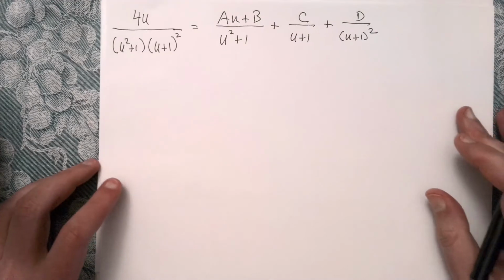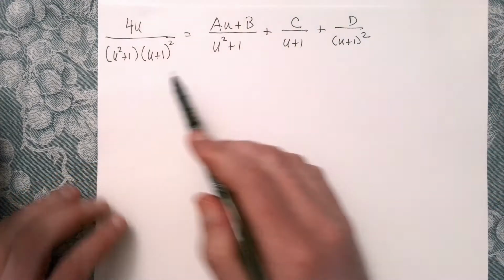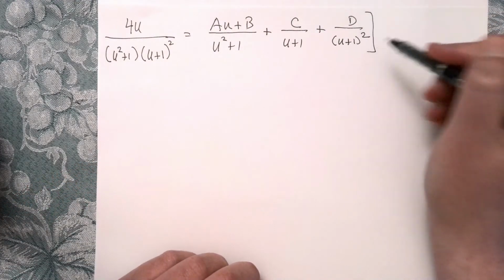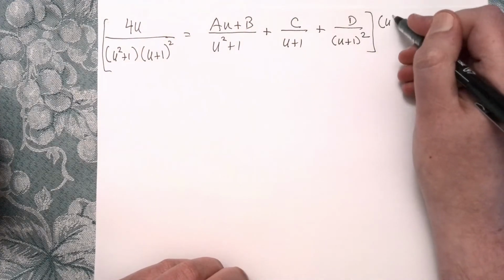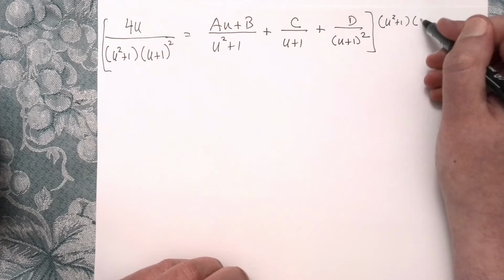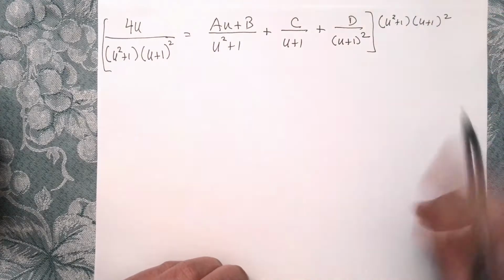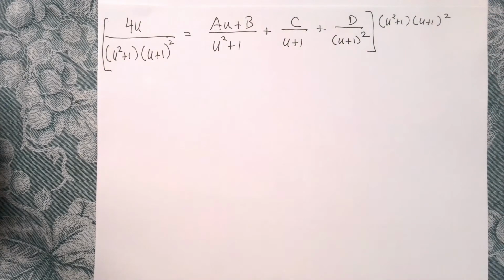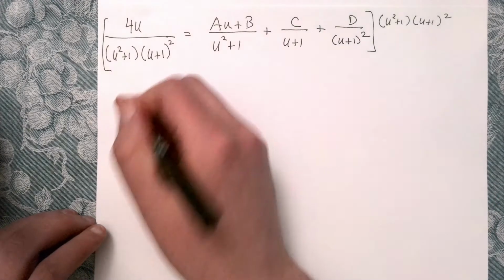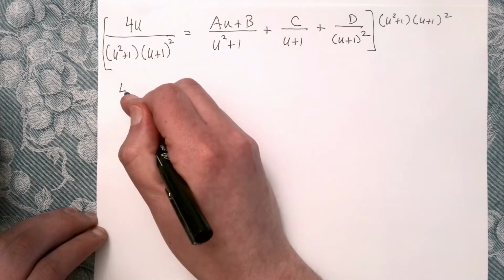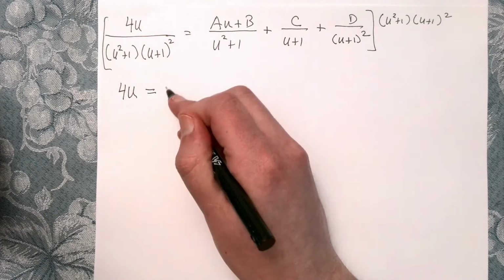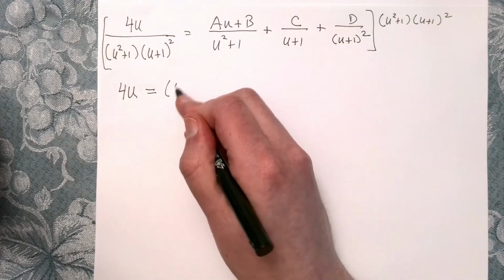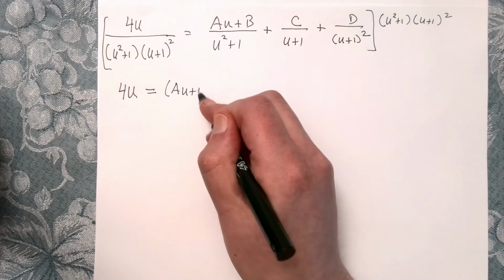We're going to multiply through by the LCM of the denominators, kind of get rid of this fraction here. So that's going to be, it looks like, u squared plus 1 times u plus 1 quantity squared. Okay, so let's distribute through and cancel, clear out all those denominators. That's going to give us the following. So I've got 4u equals, looks like, au plus b.